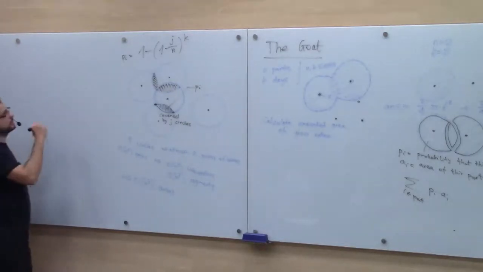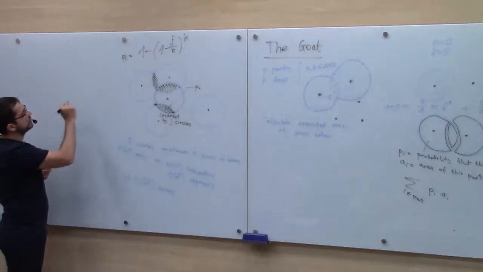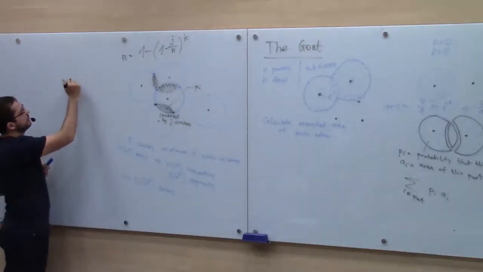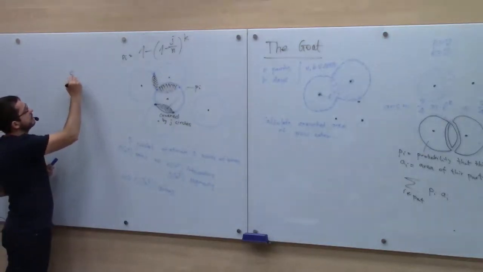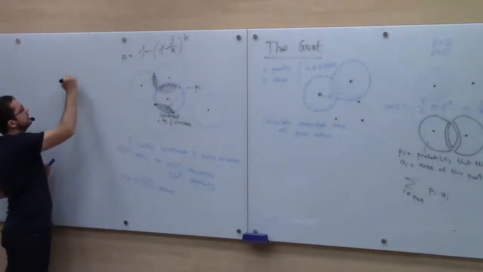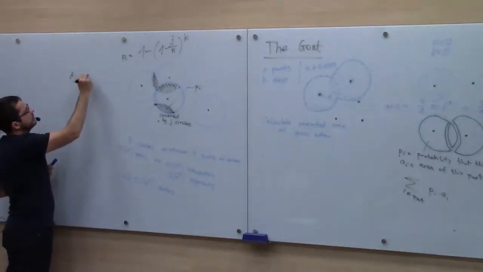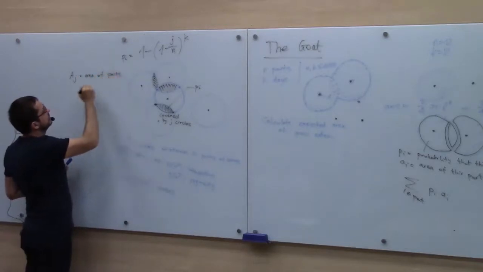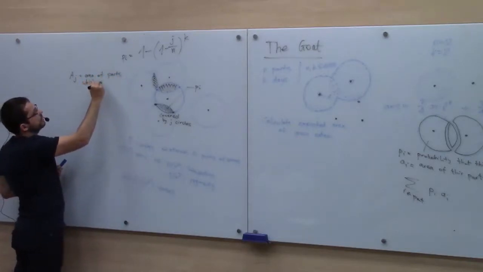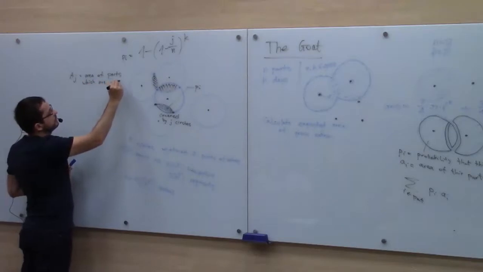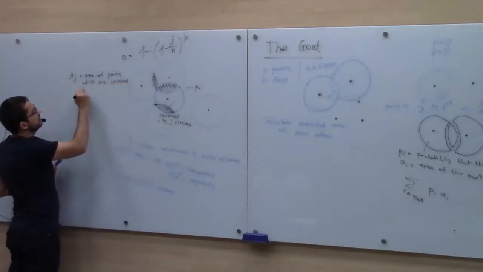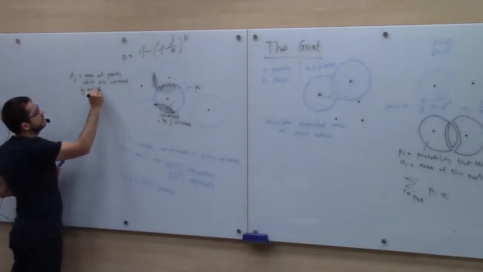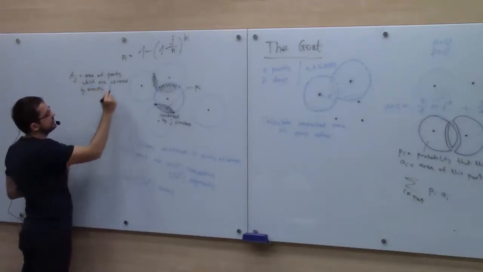So let's say that Aj is the area of parts which are covered by exactly j circles.